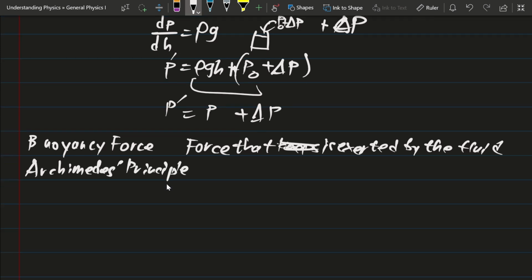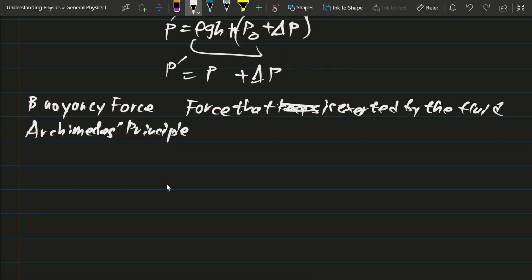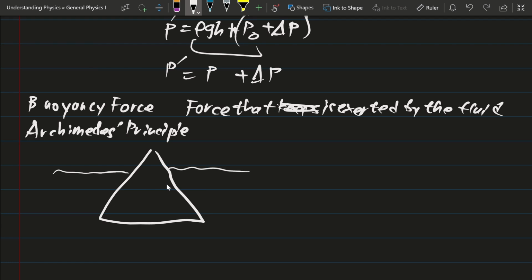The way that I will introduce this is, assume that you have an iceberg like that, and you could see there are fluids there, right? And then if you actually think about this, there will be weight going down. And because this is in equilibrium, assume that there is a buoyancy force going upwards. Okay, this makes sense.